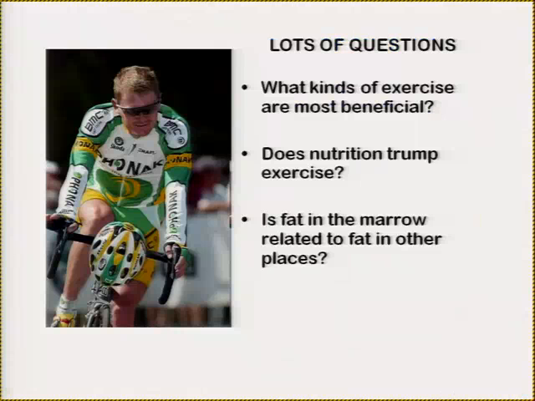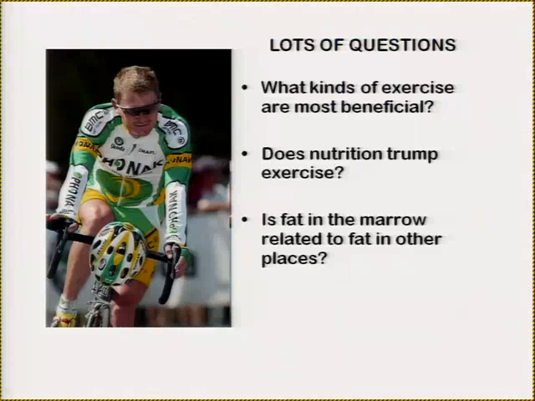What kinds of exercise are most beneficial, and can we mimic those kind of exercises with different signals in people who can't exercise? Does nutrition, does eating a high-fat diet trump the signals that we have? And clearly they do. If you're anorectic and you run all the time, you're still going to have fat in your marrow. So where do those signals intersect?